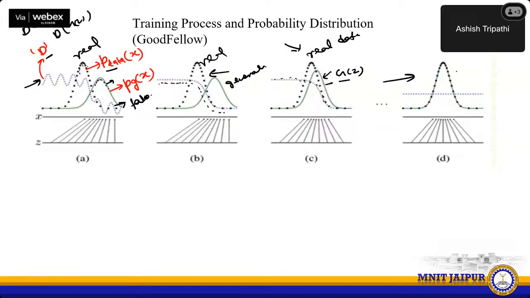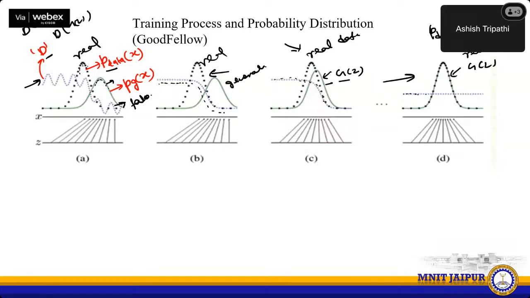The probability distribution for the real data, P data of x, and the probability distribution for the generated data are almost similar and overlapping. That's why it is now very difficult for the discriminator to discriminate between the real and generated data.